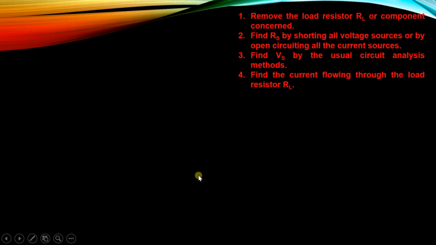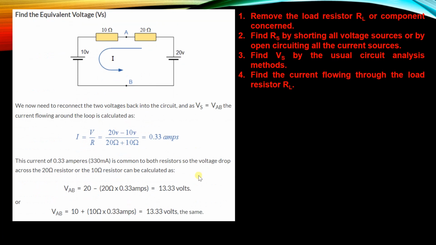Then we reconnect the voltage sources for finding the Thevenin voltage. Here we again reconnect the 10 volt and 20 volt batteries, and the current flowing into the circuit is current I. So here I have written the steps.